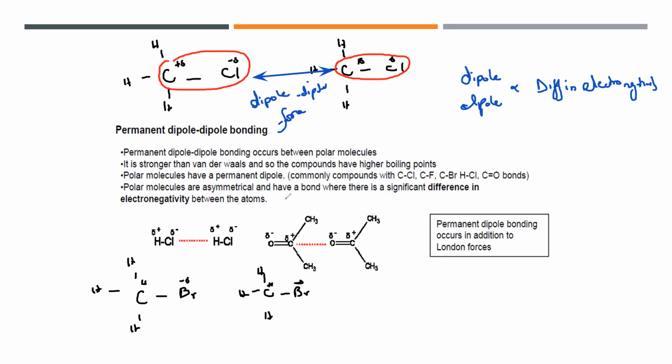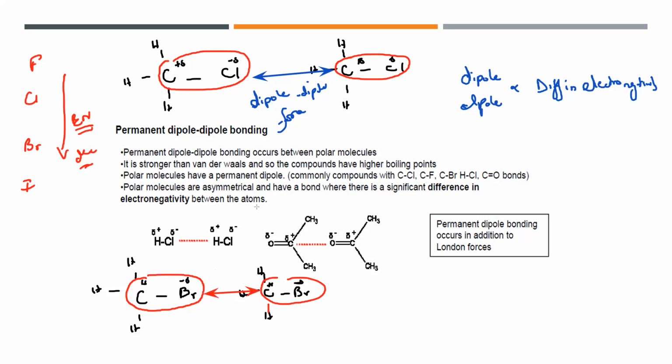As we know, as we go down the group, like fluorine, chlorine, bromine, and iodine, the size of the atom is increasing. As the size of the atom is increasing, the electronegativity, the tendency to attract the shared pair of electrons, is decreasing. So bromine has a relatively weaker tendency to attract the shared pair of electrons compared to chlorine. When we compare the strength of the dipole force, which one will have a stronger dipole force?